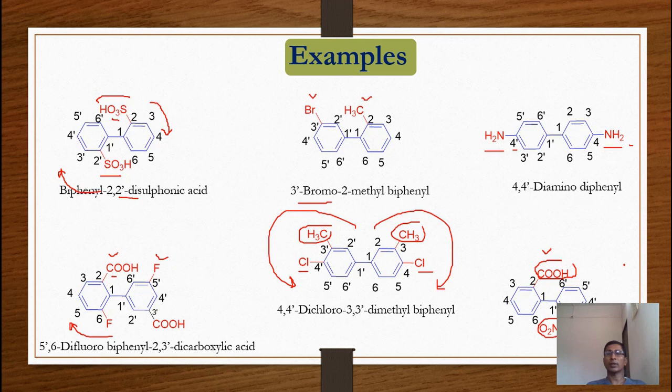Hence, it is written as a suffix and incorporated in the name of biphenyl. Here, the IUPAC name of this molecule is 2 dash nitro biphenyl 2-carboxylic acid.